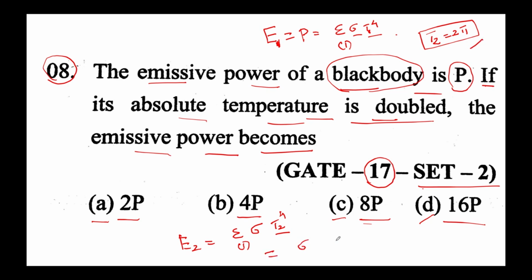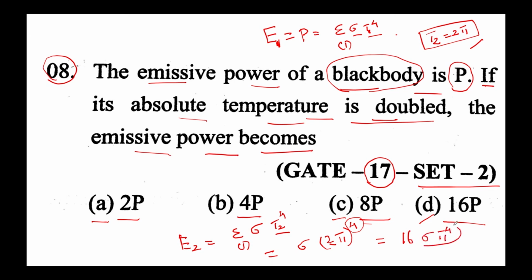So it is sigma into 2 times T1 power 4, right? So 2 power 4 is what you are looking at, and it will be 16. So it is 16 sigma T1 power 4, right?